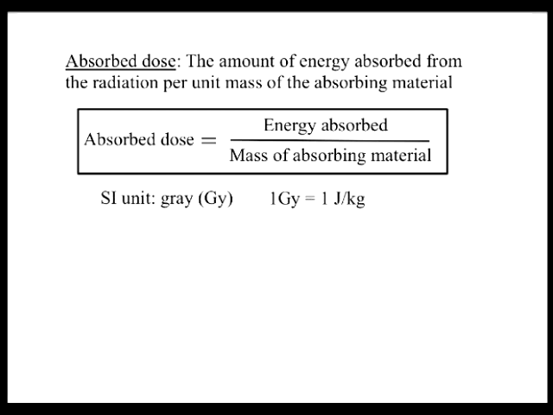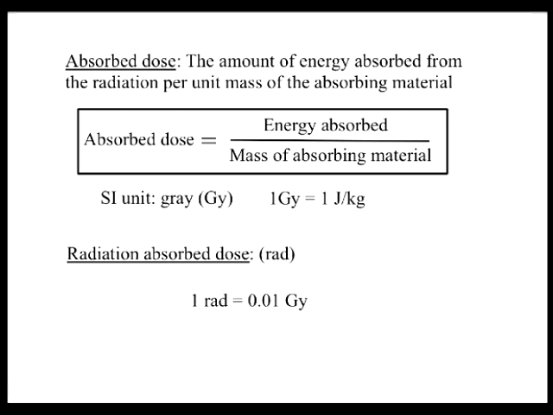Another unit is often used for absorbed dose, namely the rad. The word rad is an acronym for radiation absorbed dose, and 1 rad equals 0.01 gray. The amount of biological damage produced by ionizing radiation is different for different kinds of radiation. For instance, a 1 rad dose of neutrons is far more likely to produce eye cataracts than a 1 rad dose of X-rays.